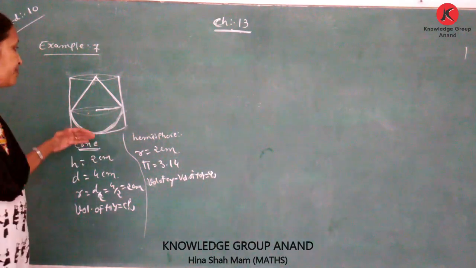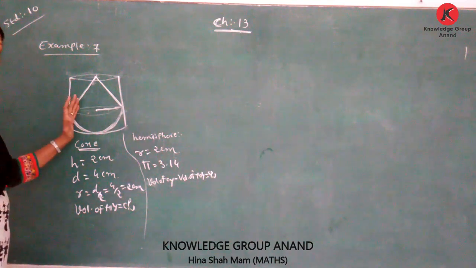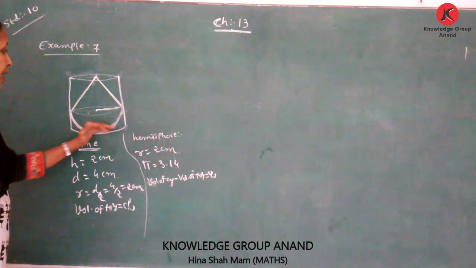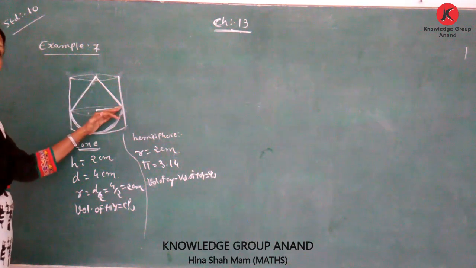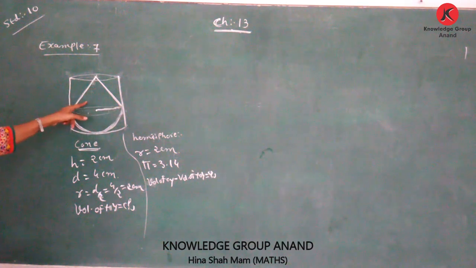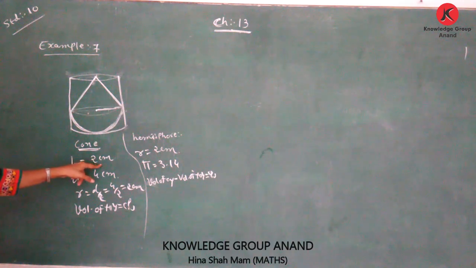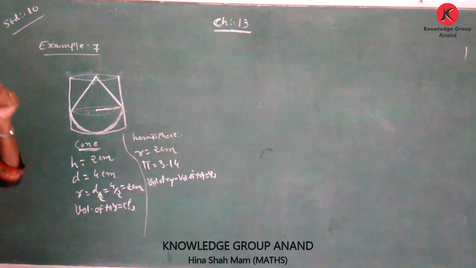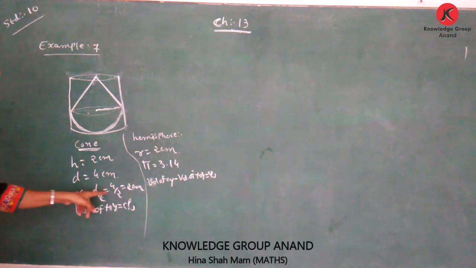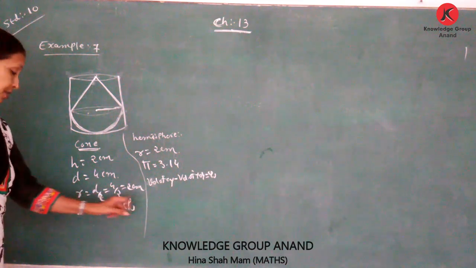In the question, we are given a toy with a hemispherical base surmounted by a cone, whose height is 2 cm and base diameter is 4 cm. Therefore, radius is equal to 2 cm.